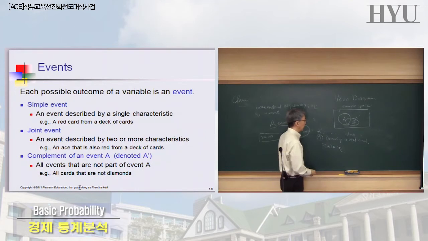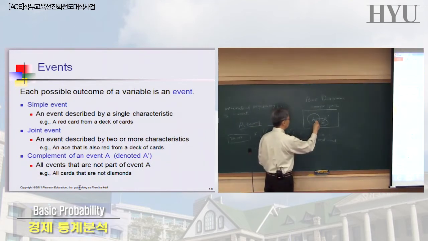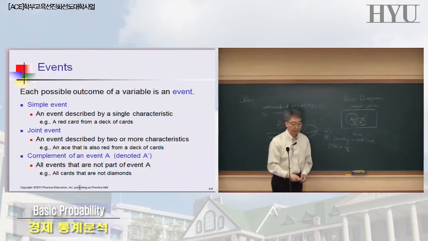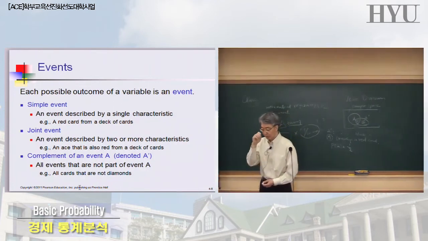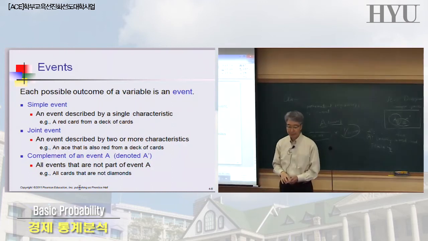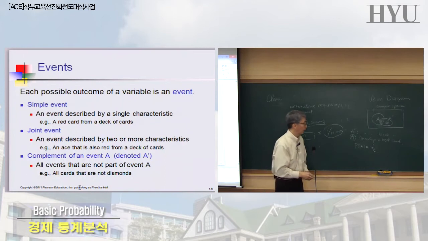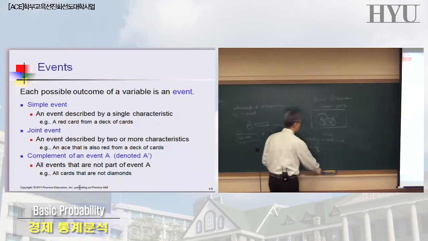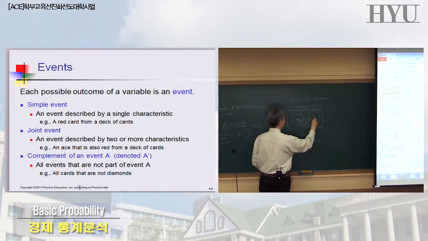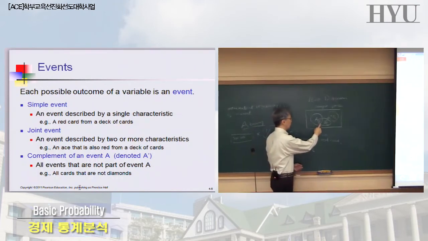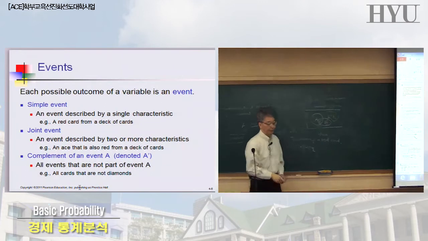So I drew it so that there will be an overlapping area between A and B. What does that mean? Why did I draw it that way? Why didn't I draw it like this? I say this is correct, this is incorrect. Why?